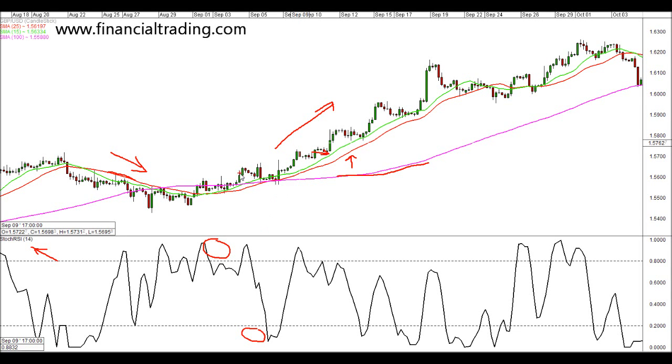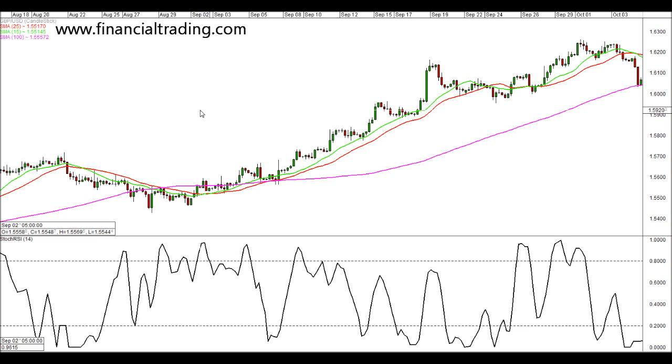And then finally I'm waiting for a pullback after a push and an engulfing candle or pin bar on the pullback. To summarize all that, I'm looking for a pullback of a trend with the corresponding overbought or oversold, and all 3 of my moving averages to agree.